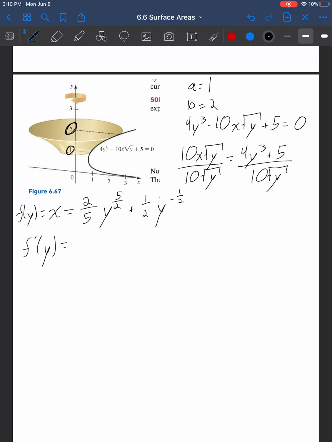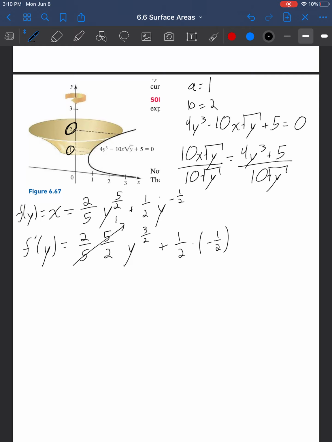When we take derivatives, we subtract 1 from the exponent, and we multiply by whatever term is in the exponent. So we still have 2/5 times 5/2 because that's what was in the exponent, which will become 1. And we're now left with y to the 3/2. Okay, same process for the second term.